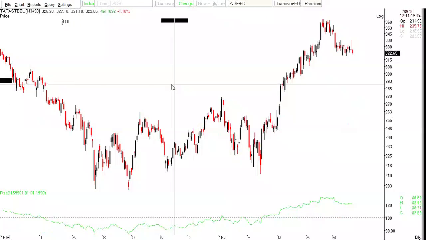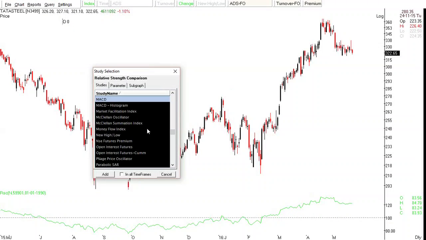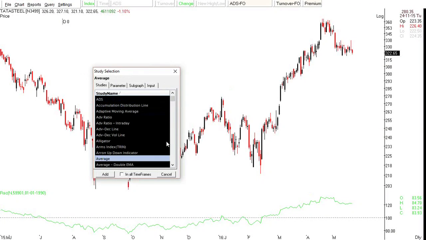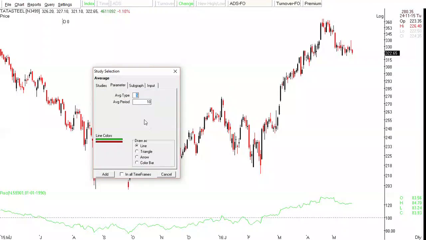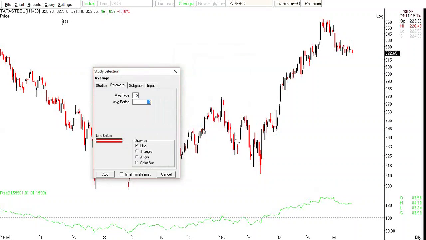So I come to my study box. I need to plot a moving average. I need an average of the RSC. So I come to average. And in this case, I would take something like a simple 12 period moving average. I'll give it a different color so that it distinguishes from the relative strength comparison indicator that I've plotted. I'll plot it on the RSC indicator, that's the green line.